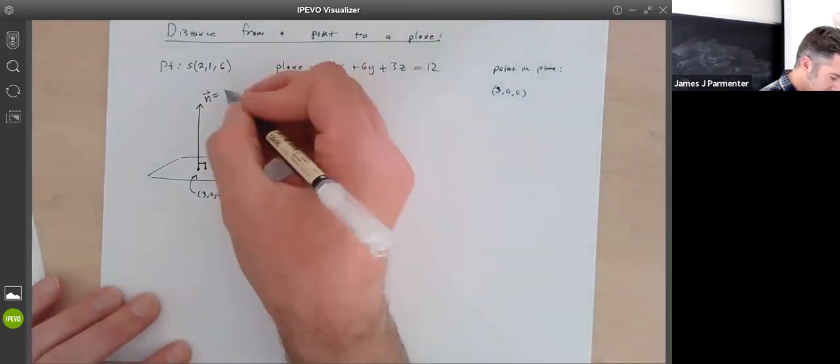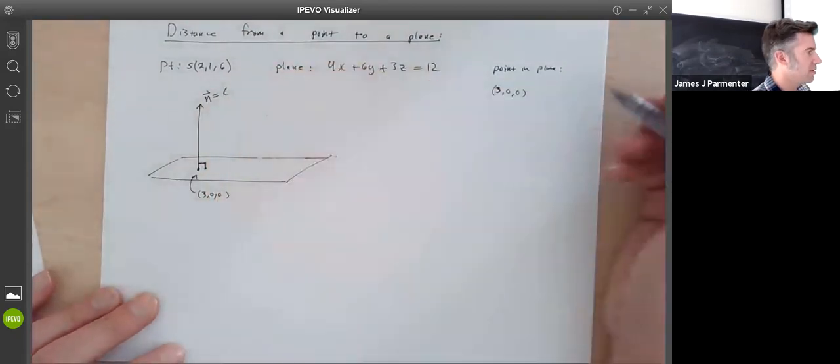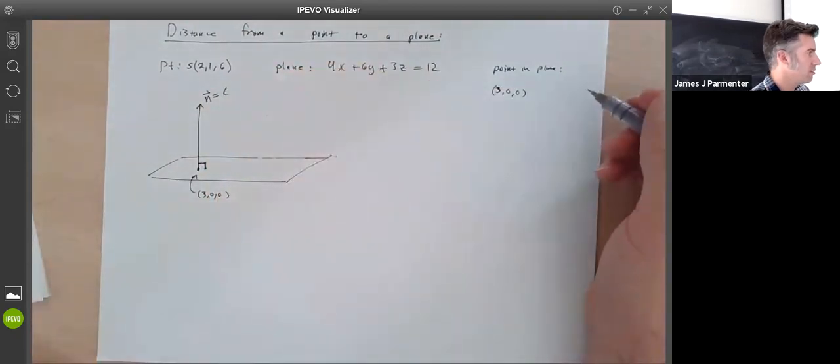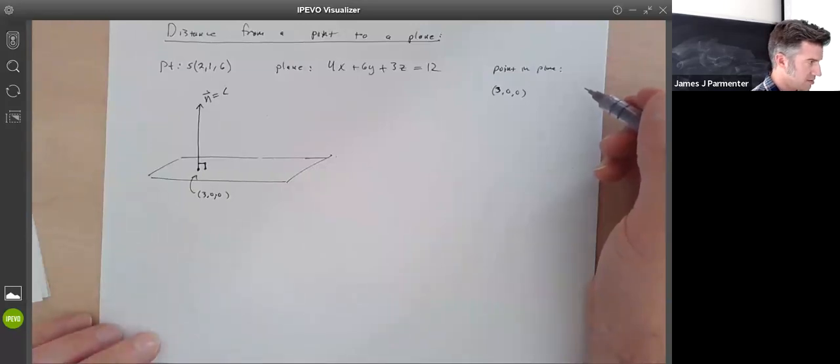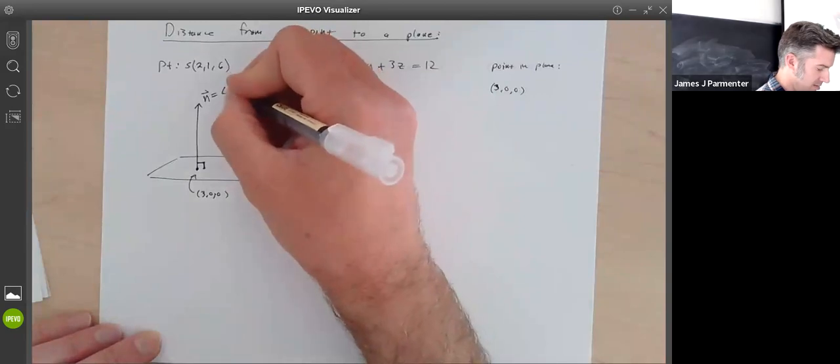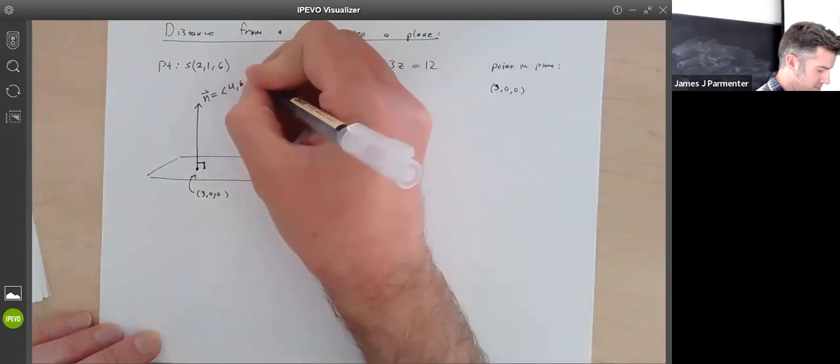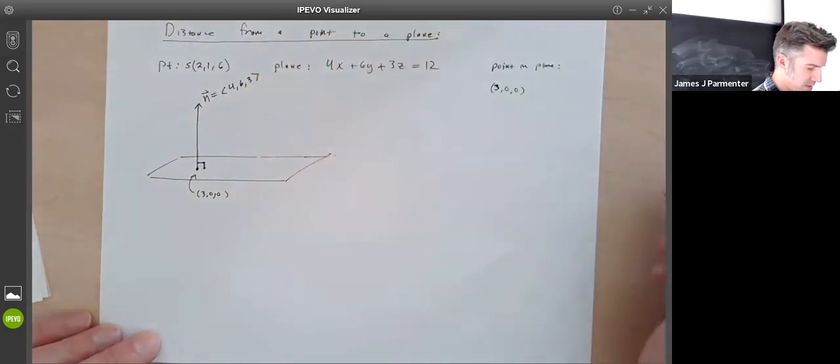What are the three components of this normal vector? Where did I get those numbers from?